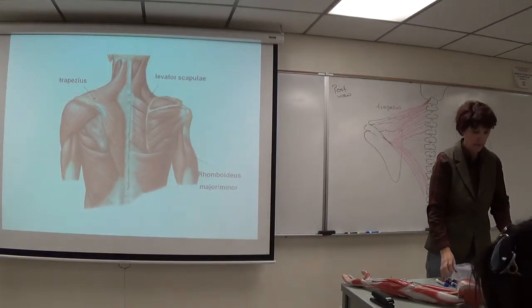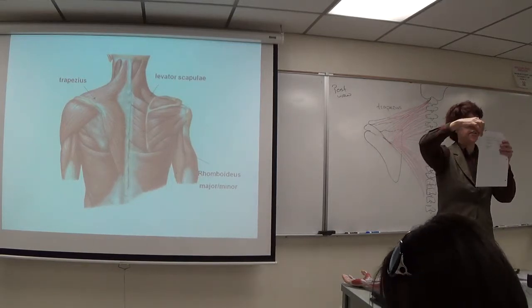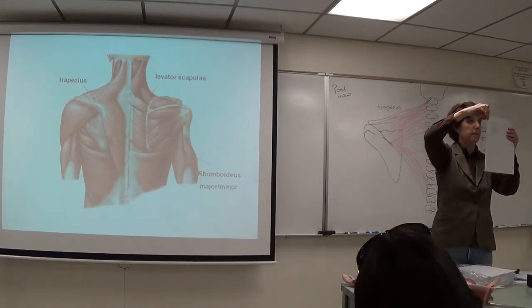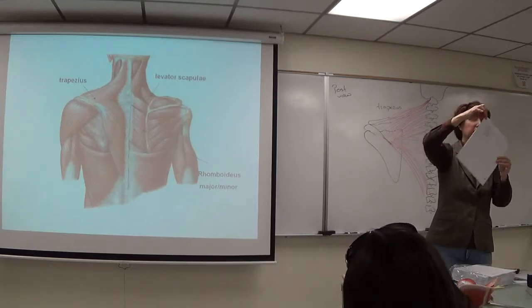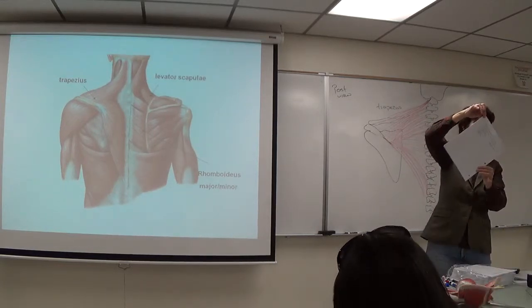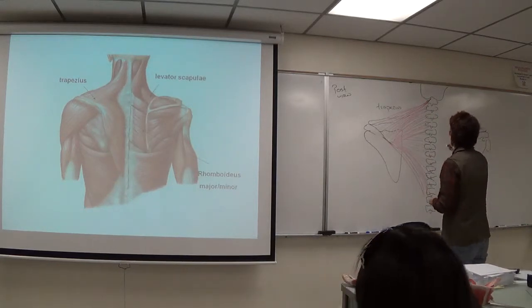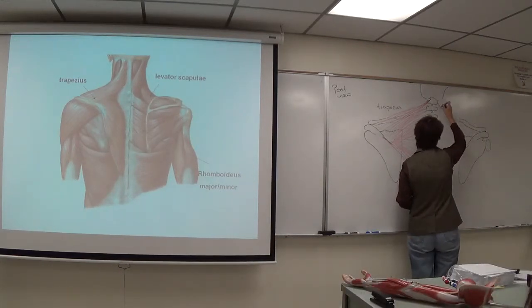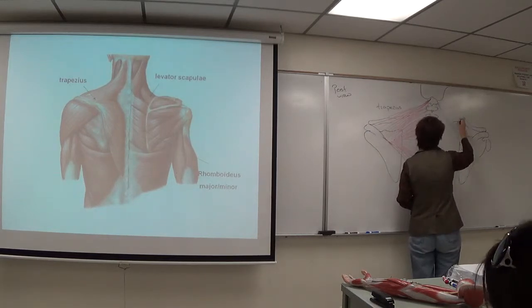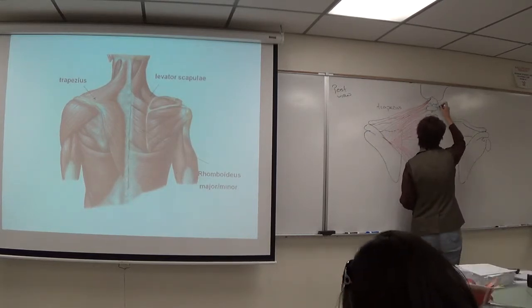So if it attaches here, it's going to lift it, but it's also, without any other influence, going to tilt it downward. It's going to rotate the scapula downward. And so this is called the levator scapulae.